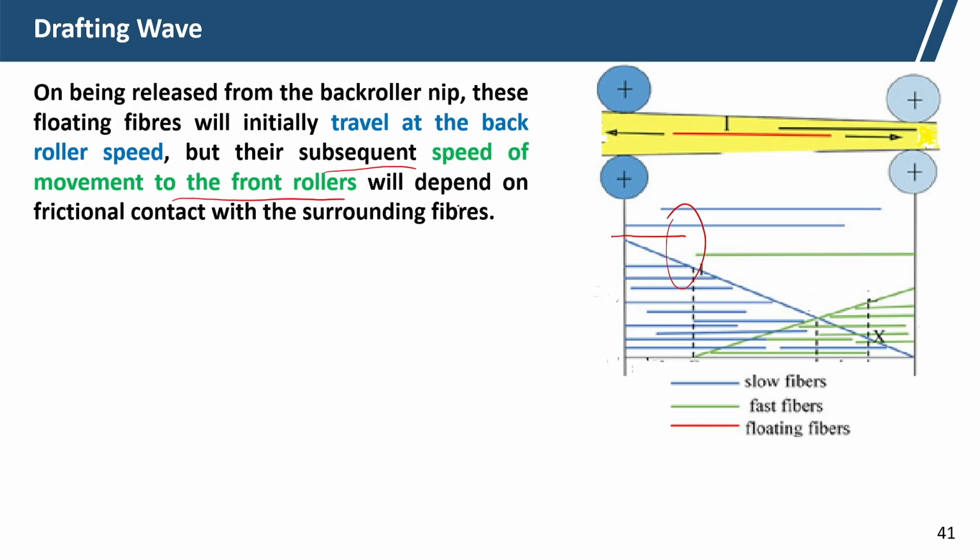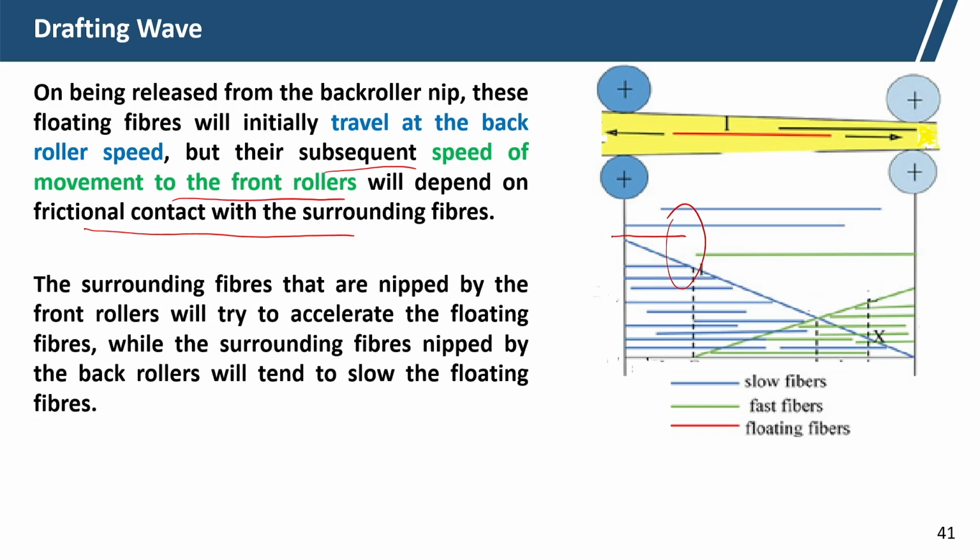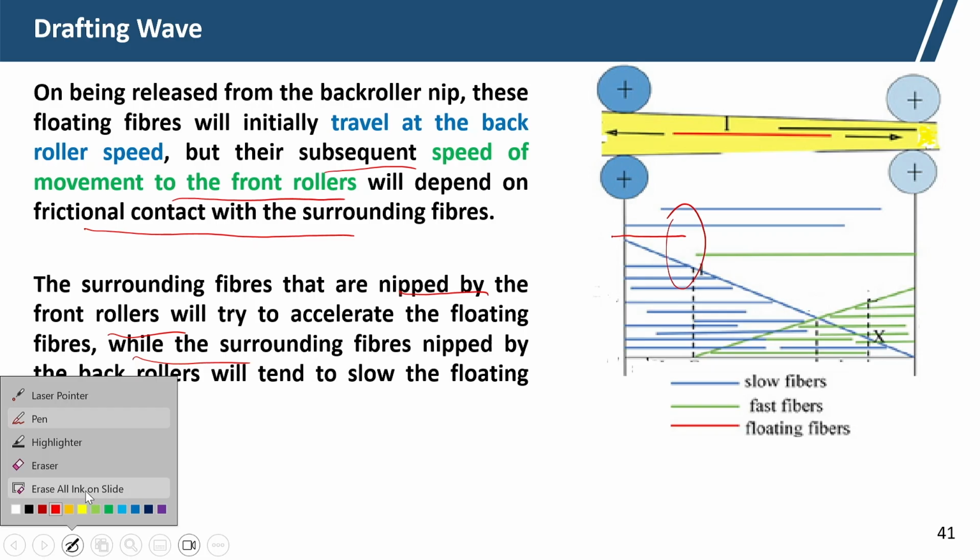That will depend on the frictional contact between the surrounding fibers. The surrounding fibers nipped by the front roller will try to accelerate the floating fibers, while the surrounding fibers nipped by the back roller nip will tend to slow down the floating fibers. So, that is the situation that we have discussed.